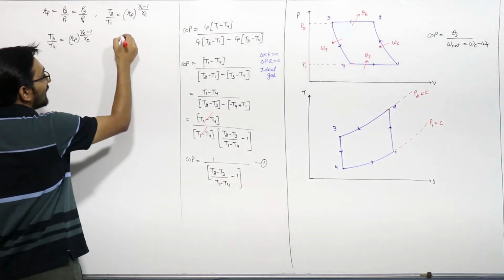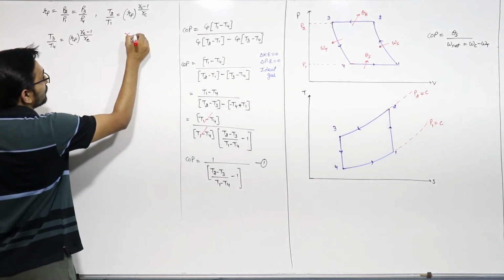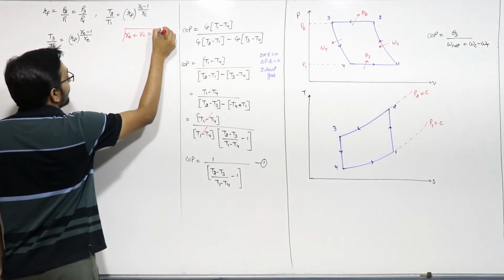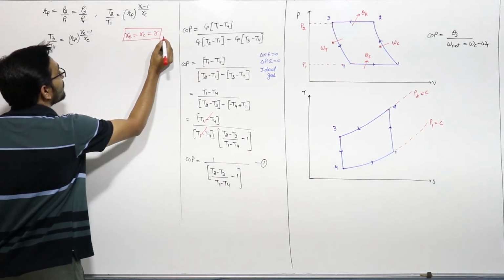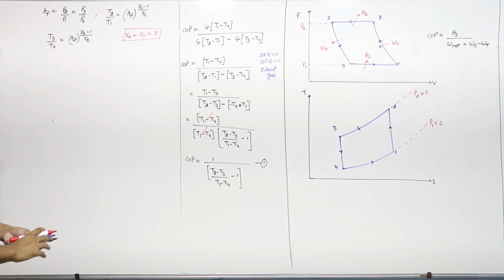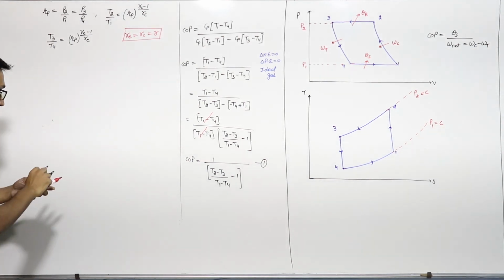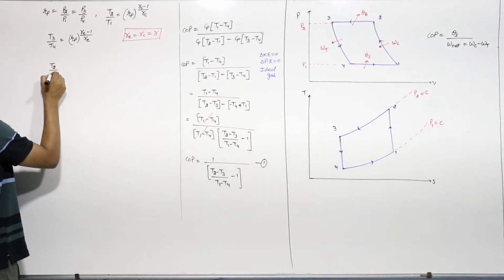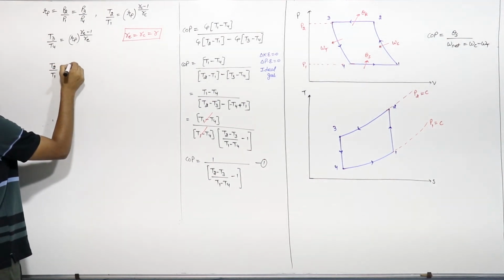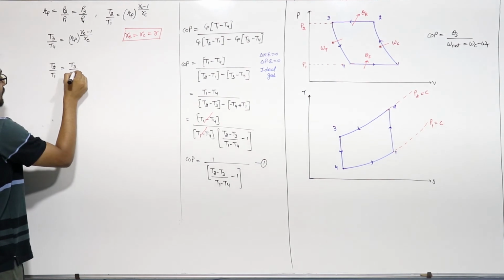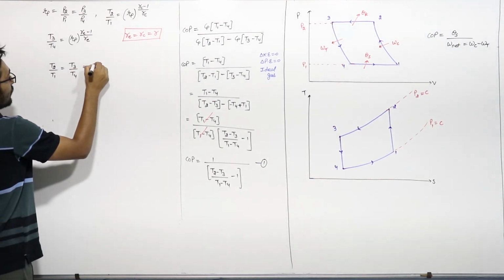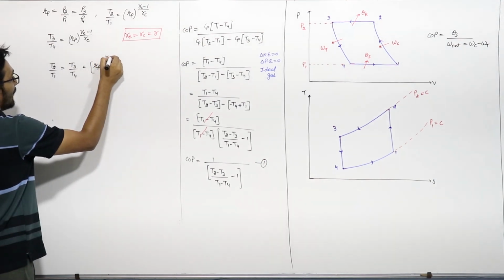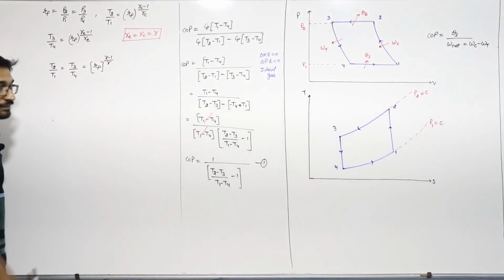Now if we take the assumption that both of the gammas are equal, then I can write T2 by T1 is equal to T3 by T4 is equal to Rp raised to power (gamma minus 1) upon gamma.